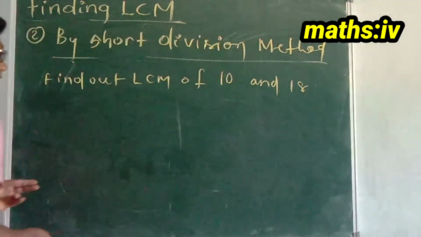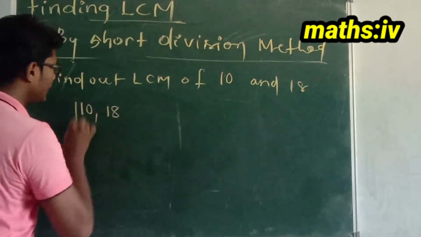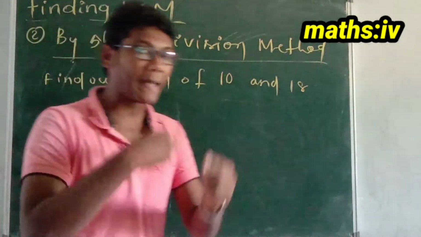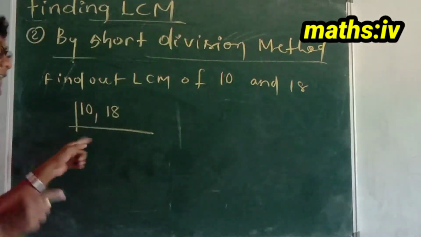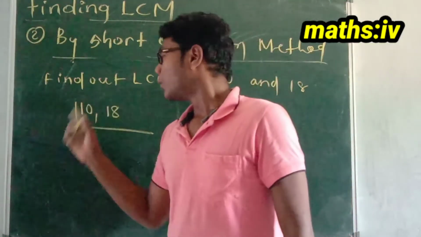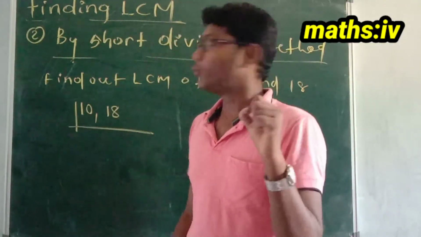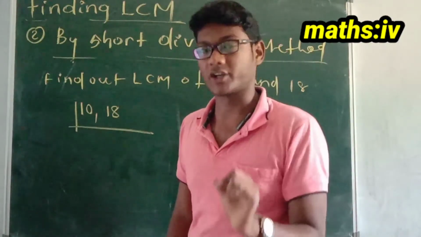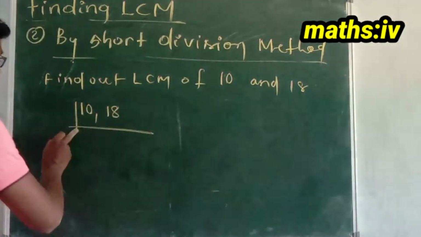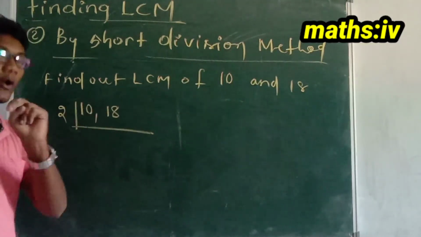In this process we have to write the numbers in a row, 10 and 18, and divide them by their common factors. Clear? So you know that both of them have 2 as a common factor.